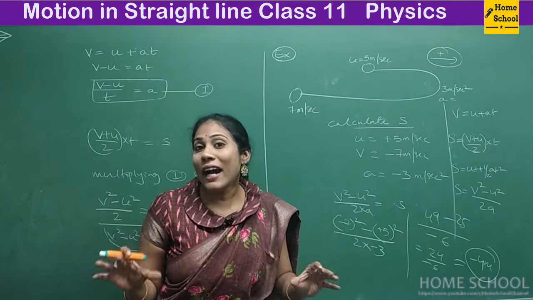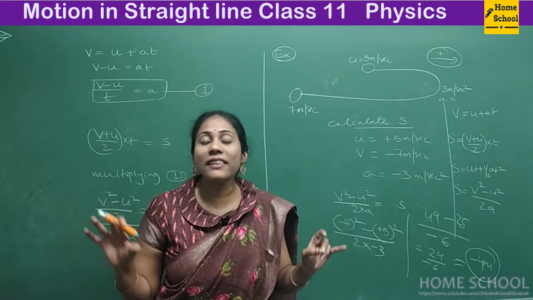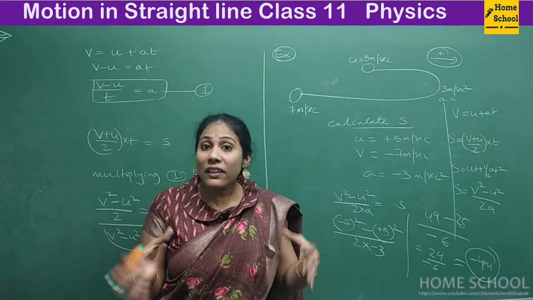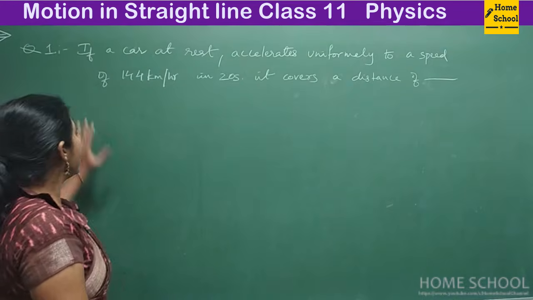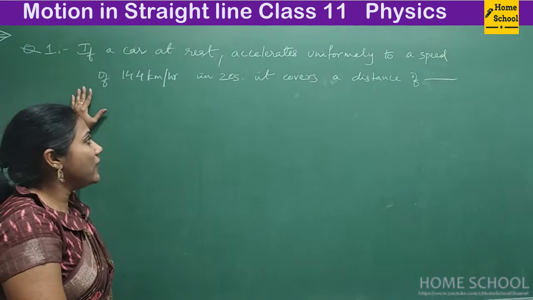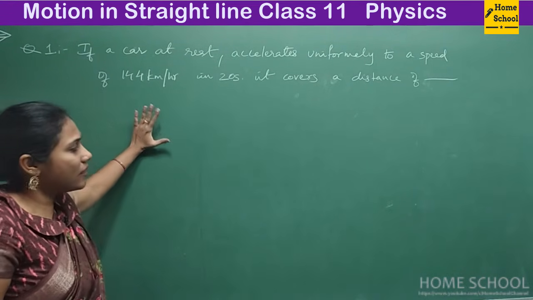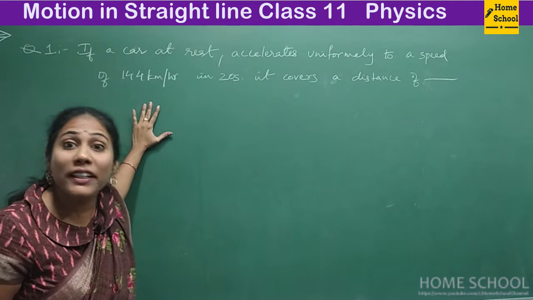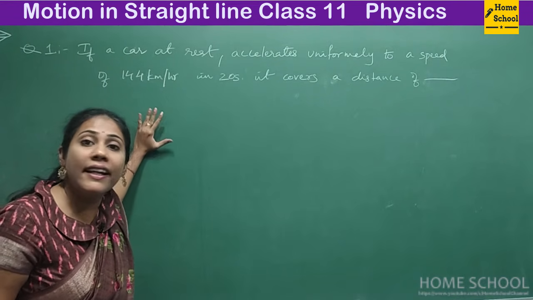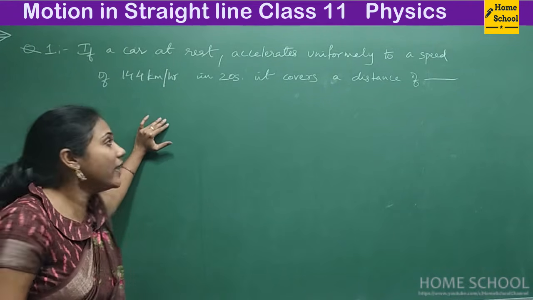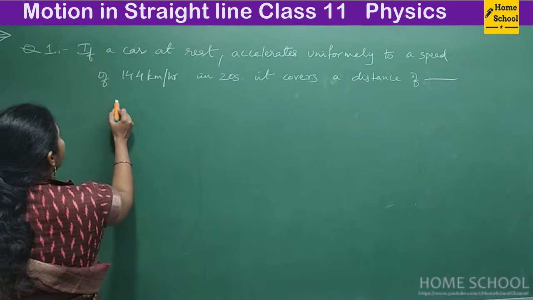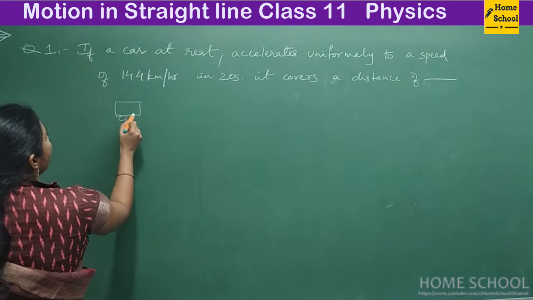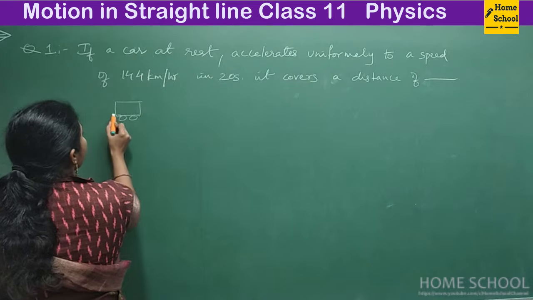Now let us deal with some questions from previous year NEET papers. Guys, observe this question carefully. It is very simple actually. Just draw a diagram so that you understand what is given and what they asked you to calculate. You have a car, and this car is starting from rest.